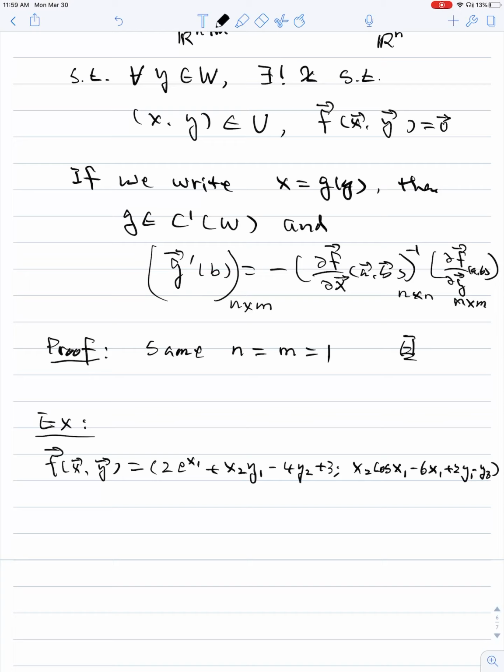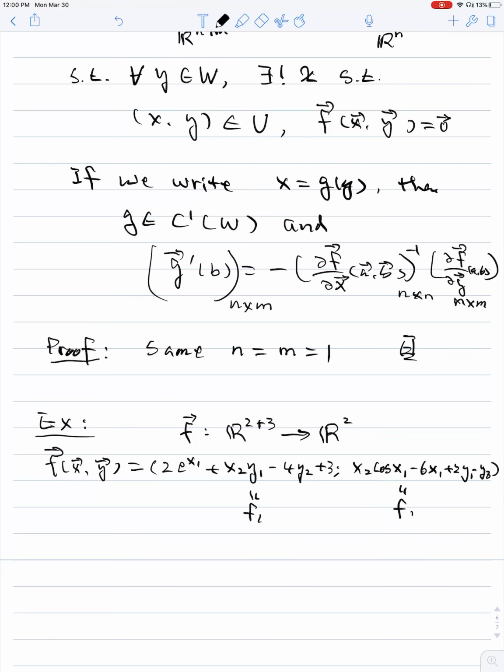So this is a function defined on x, which has 2 variables, and y, which has 3 variables, from R^(2+3). It has 2 components, so R^2. So this is our F1.